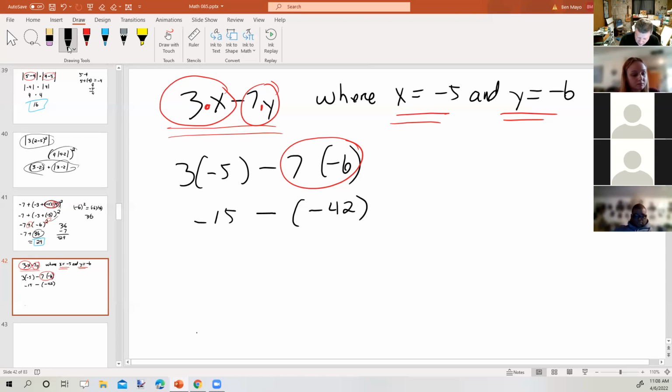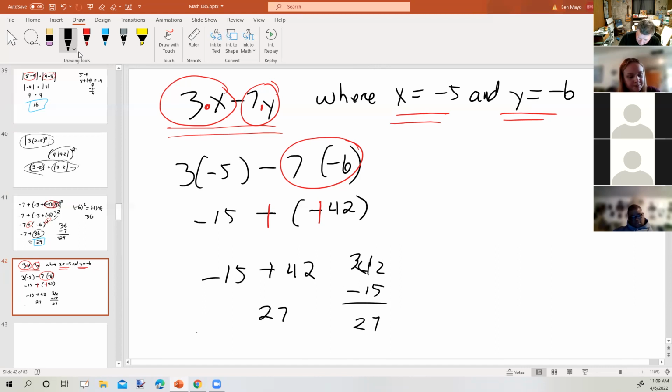I'm going to change subtraction to addition of the opposite, which gives me negative 15 plus 42. Subtracting a negative is like adding a positive. Adding two numbers with different signs, subtract the smaller absolute value from the larger. Attach the sign of the number with the largest absolute value, it's positive, so final answer, 27.